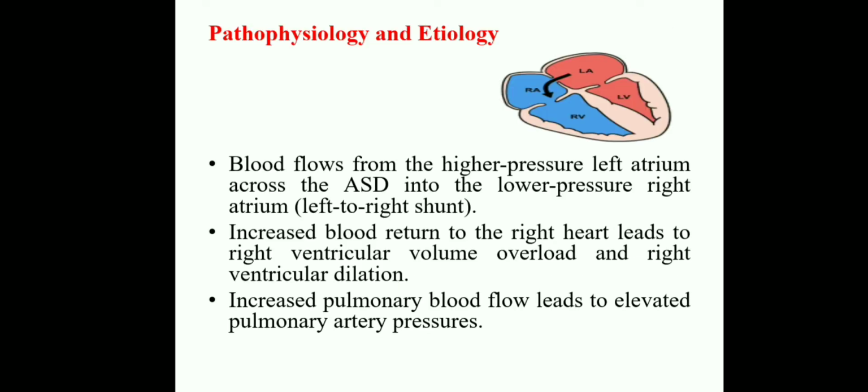Okay, coming to the pathophysiology and etiology of ASD. First, the blood flows from the higher pressure, that is the left atrium, across the ASD into the lower pressure, that is the right atrium. So here we call it a left to right shunt.